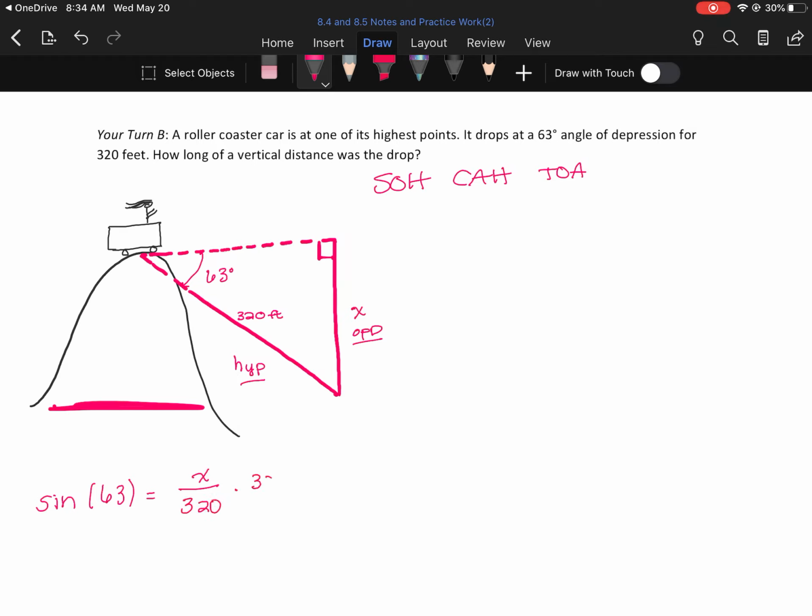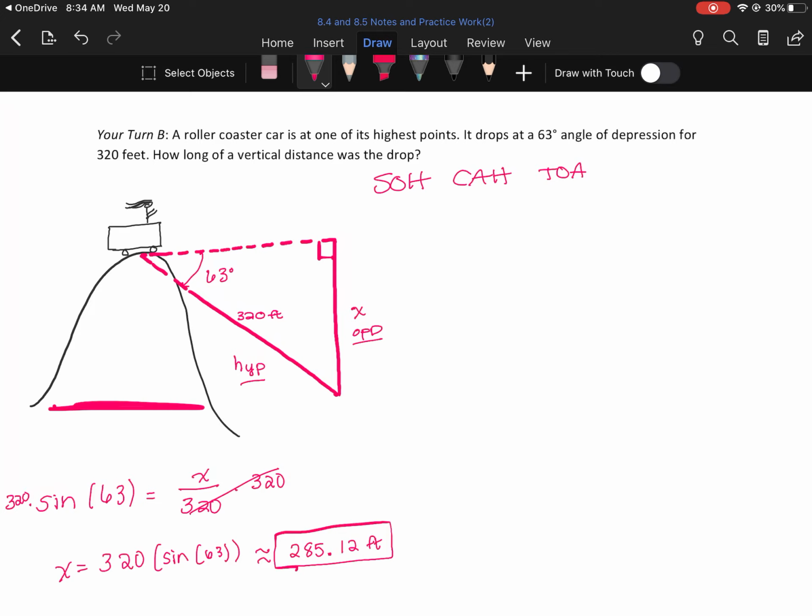I'm going to multiply both sides by 320. So x is equal to 320 times the sine of 63. And when we do that, that is approximately 285.12 feet. So the vertical drop is 285 feet. It's a pretty significant vertical drop.